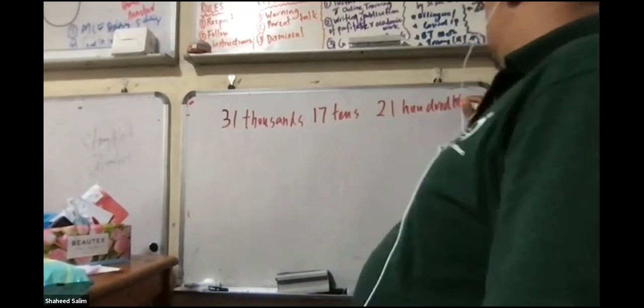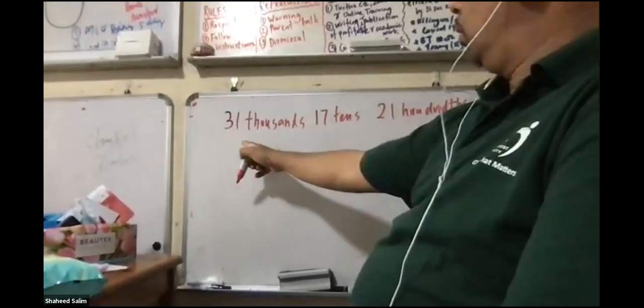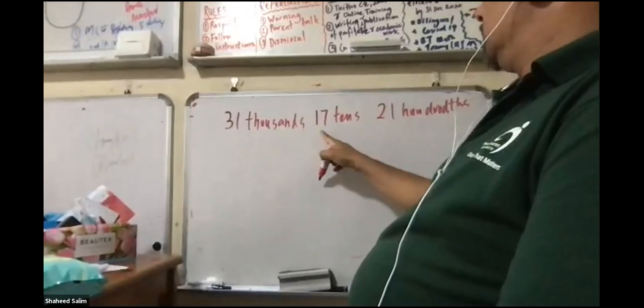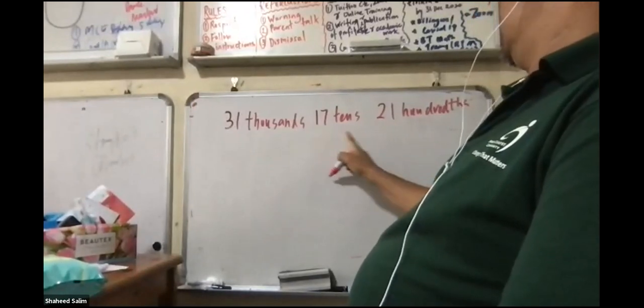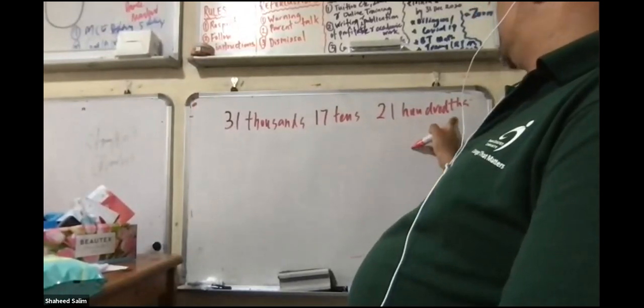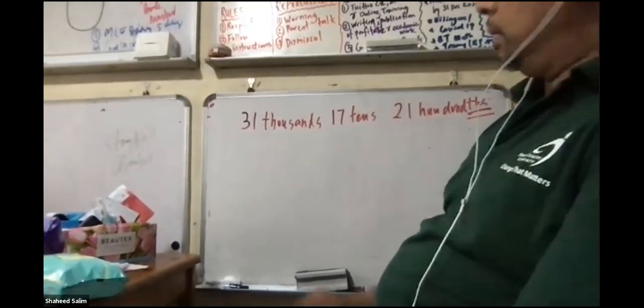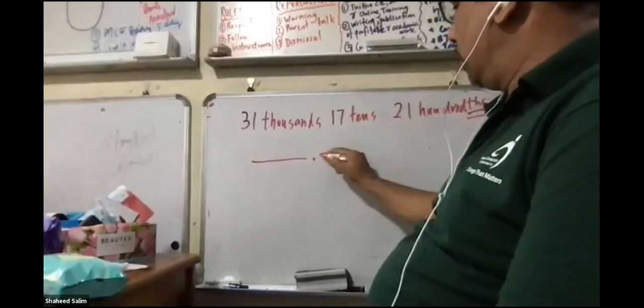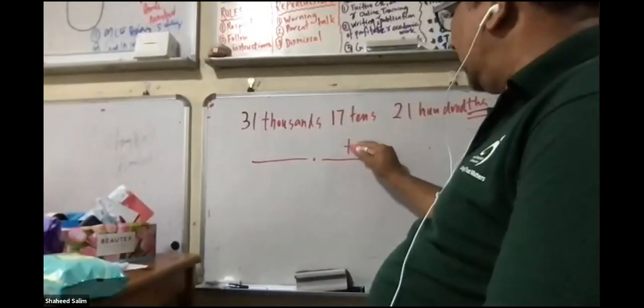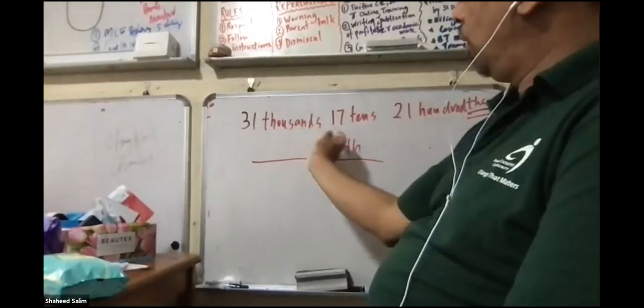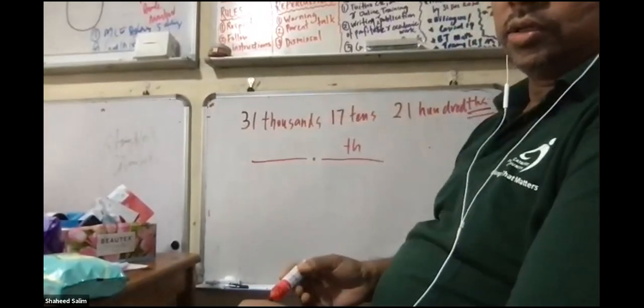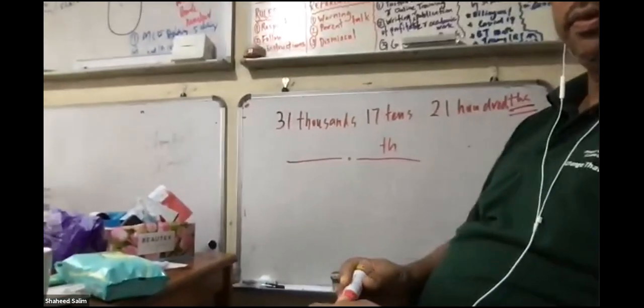What is the number? Hundreds with a th here. Reminder again, down here after the dot is the th. Before the dot, no th. So you try now.